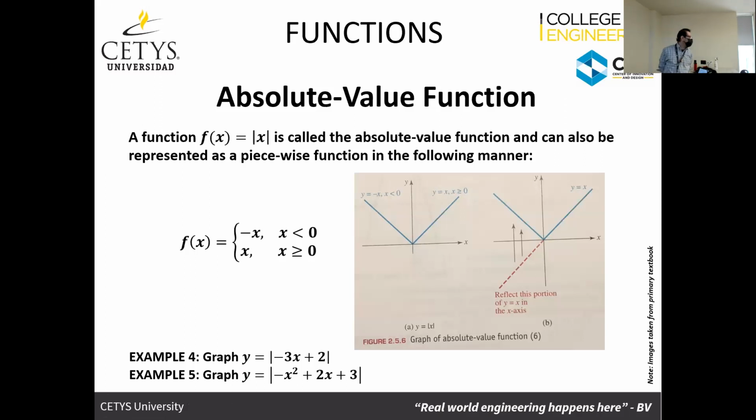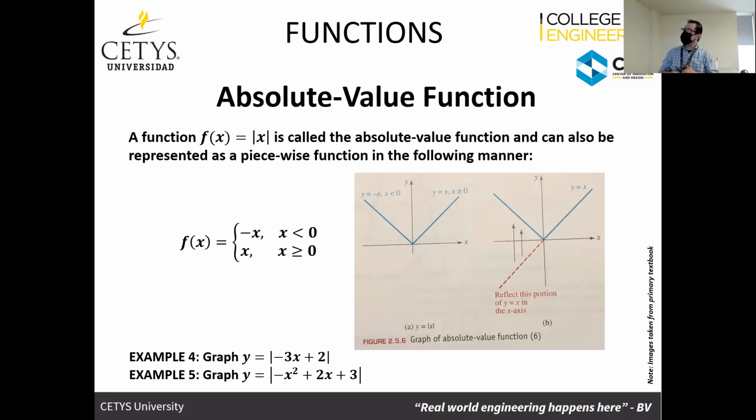That's actually very simple. What if I have a function and then I apply an absolute value to that function? What's going to happen is that anything that's negative is going to be cut off and flipped over to the positive side. Okay, because remember that the absolute value of something is going to be always the positive value of that something.